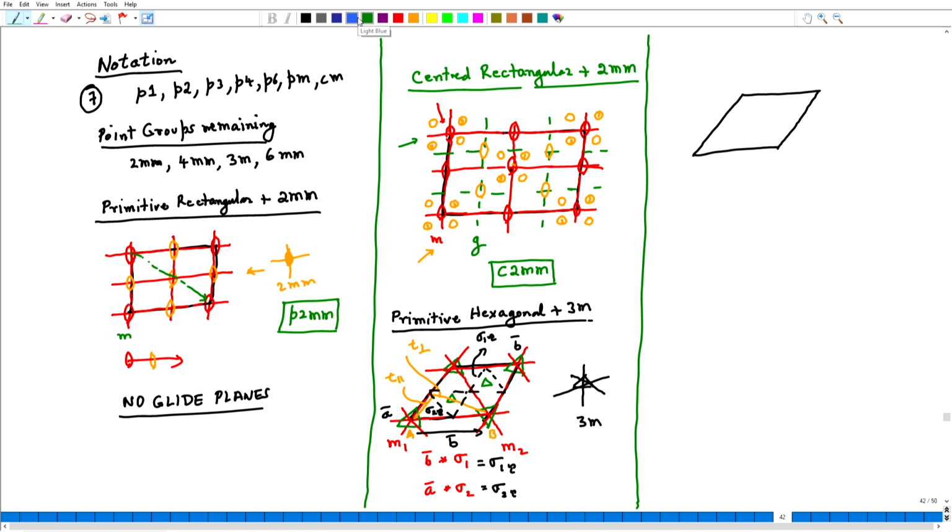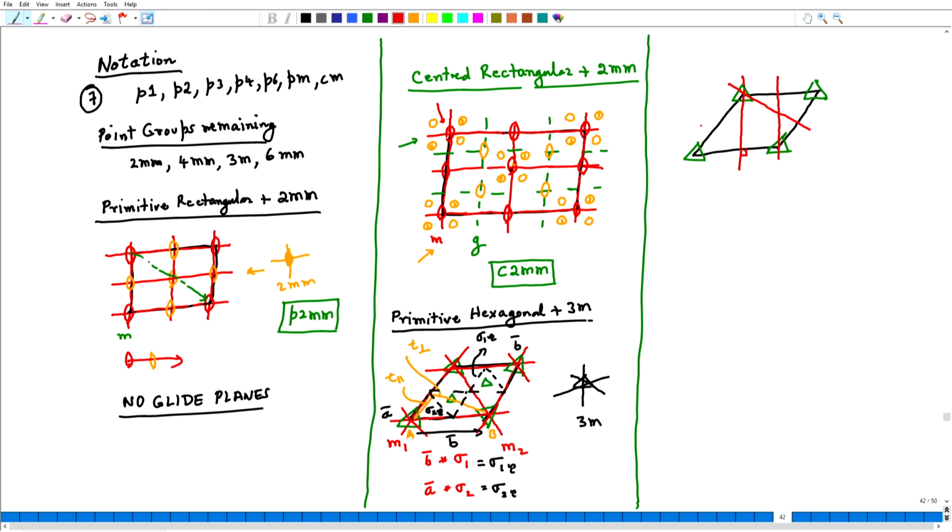So, now I have the 3 folds here, and the mirror planes this time would be, so this is perpendicular to the cell edge and it is at the midpoint of the cell edge. Similarly, there will be a mirror plane in this fashion. Then I will have a mirror plane like this.